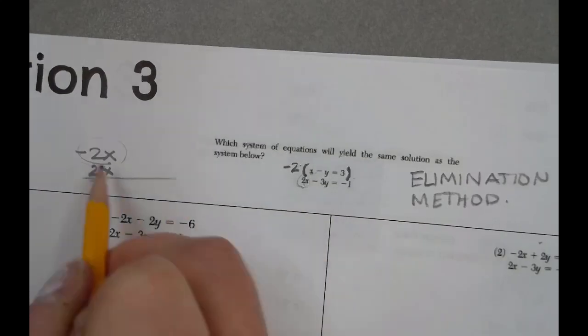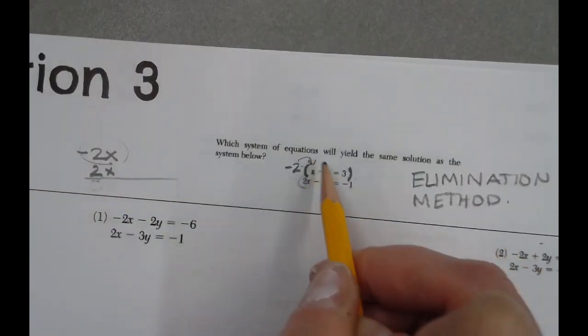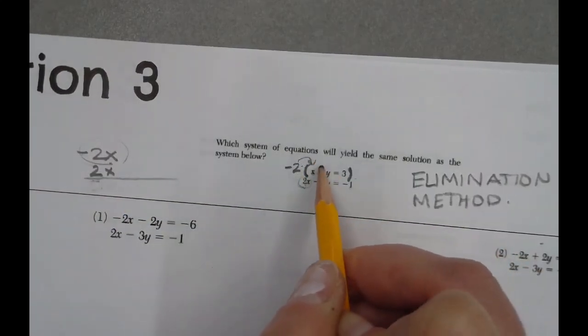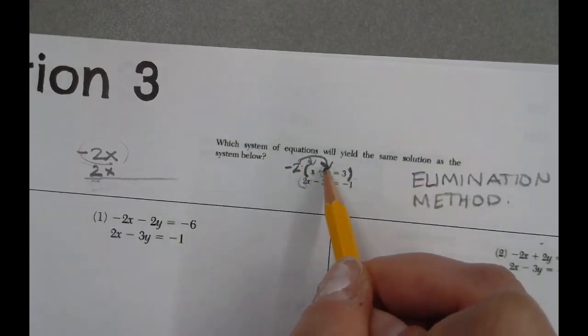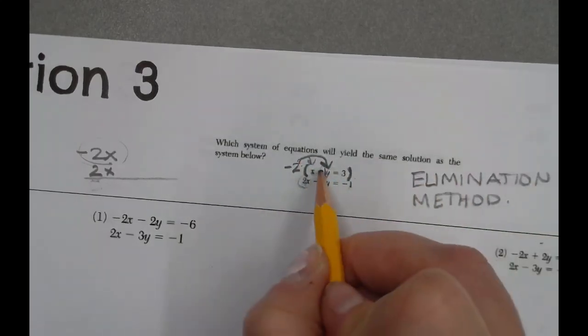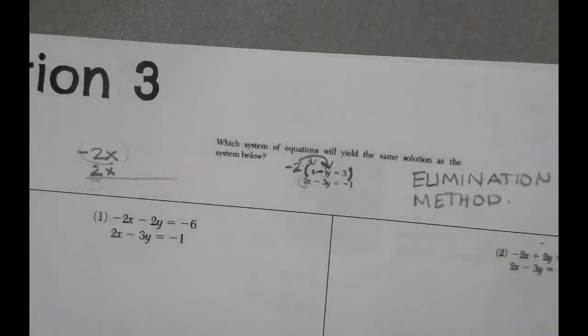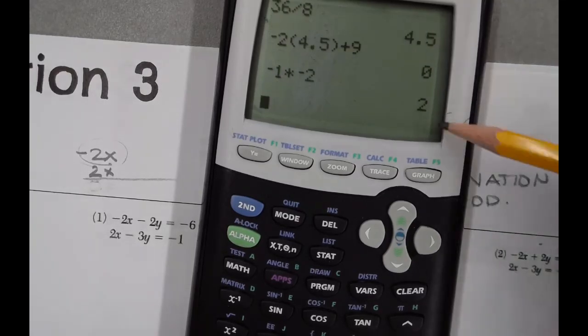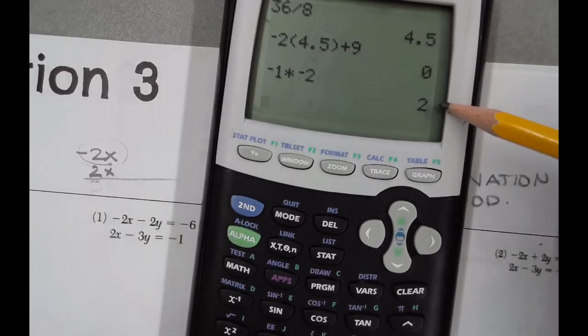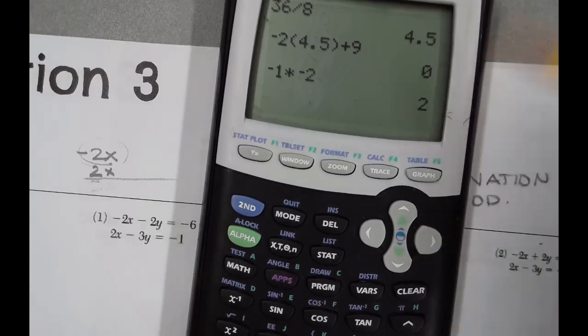So I already did negative 2 times x for us right here. The next thing that we have is a negative y times negative 2. There's an imaginary 1 in front of that y, so it's a negative 1y. It is okay to use your calculator and do negative 1 times negative 2 to make sure that we're going to have a positive 2y.